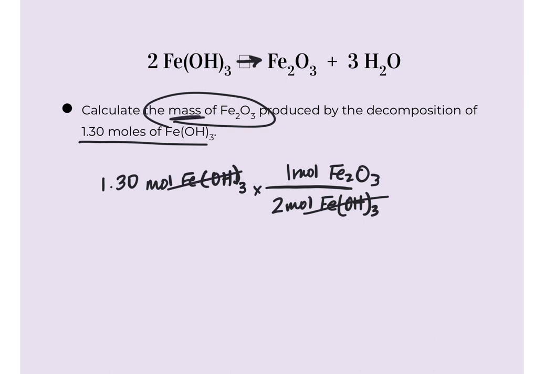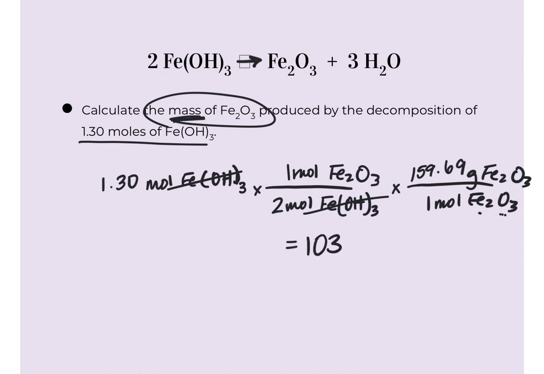And then because I'm being asked for mass, my last step is going to be converting moles of iron oxide into grams of iron oxide. So I add up the 2 irons and the 3 oxygens, and that's going to equal 159.69 grams. 103 grams of iron oxide is what I produce.